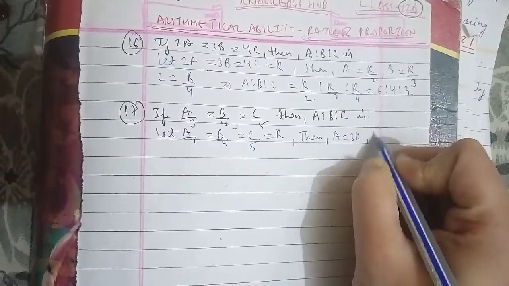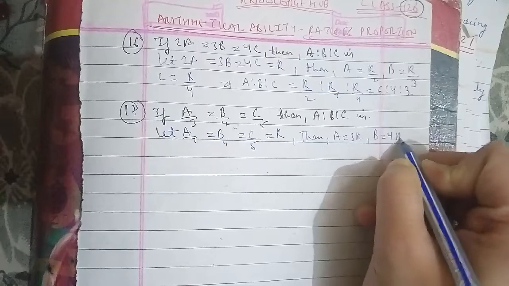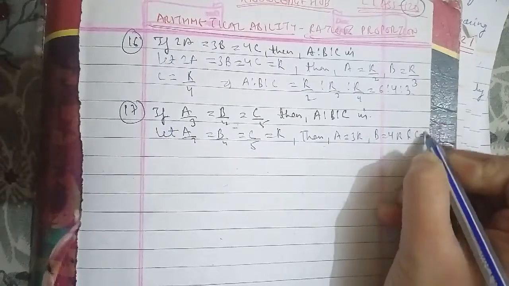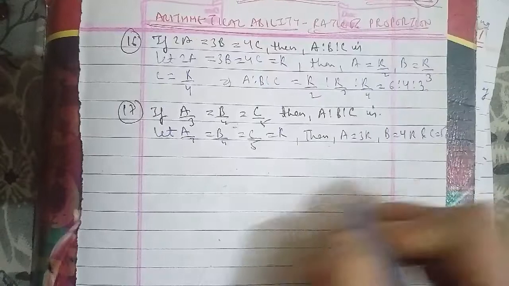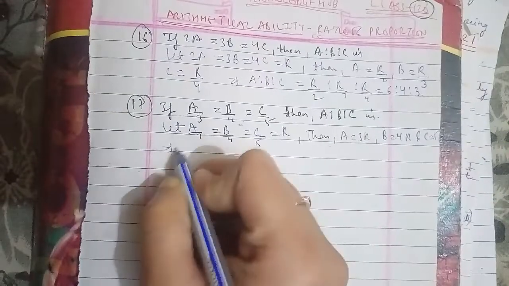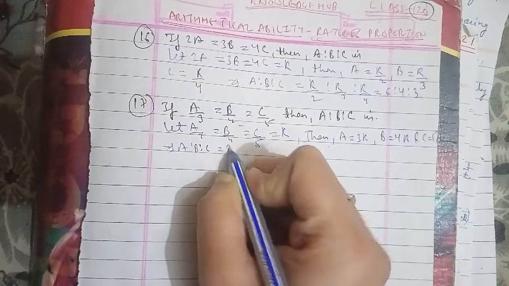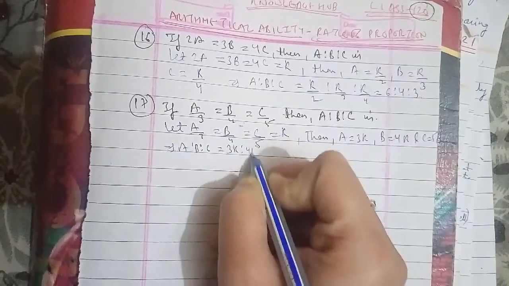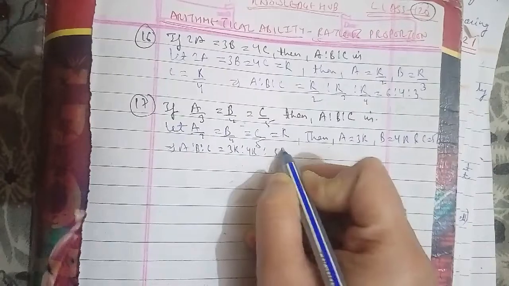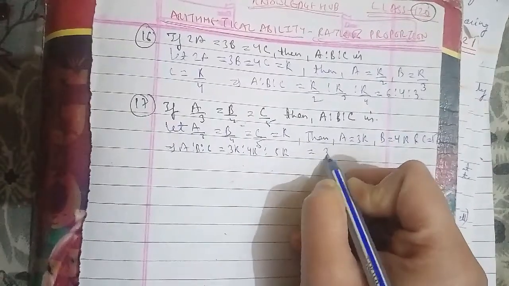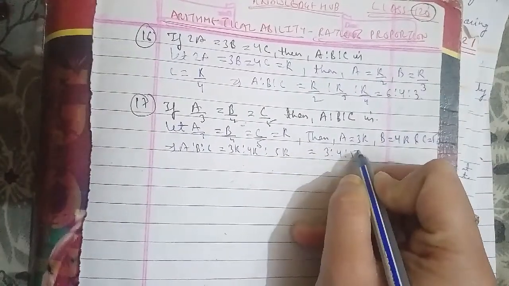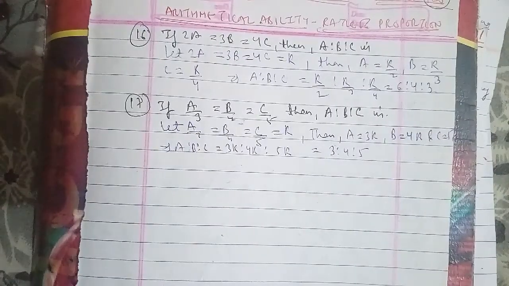So a ratio b ratio c equals 3k ratio 4k ratio 5k, which equals 3 ratio 4 ratio 5. Now we go ahead to another one, the 18th question of the session. So we go for the same.